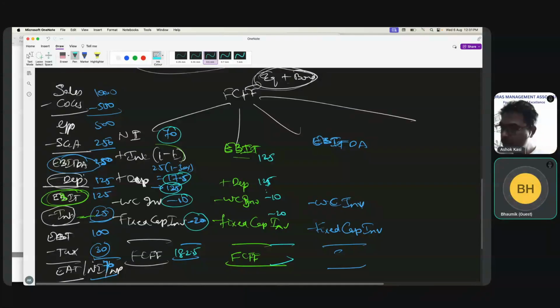Something has gone wrong in the calculations.